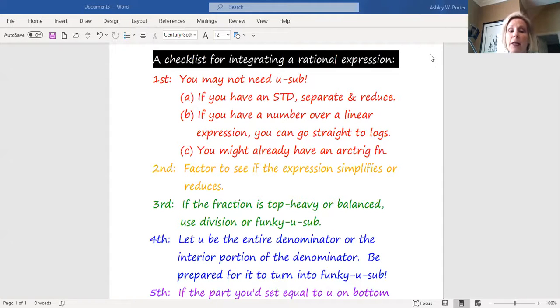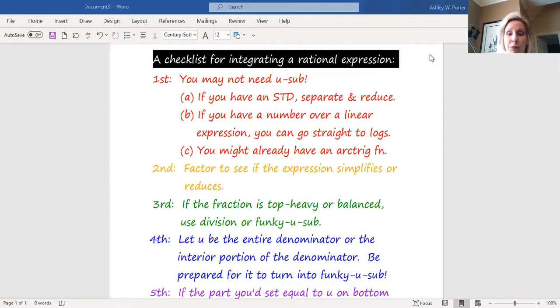All right, if you have an expression that's quadratic or higher, I would always check to see if it factors, because if it factors, either the expression could be simplified, you might have the square or the cube of something familiar, or you might be able to reduce, like something might cancel out of the fraction. And when you reduce the fraction, you bounce back into one of the red scenarios.